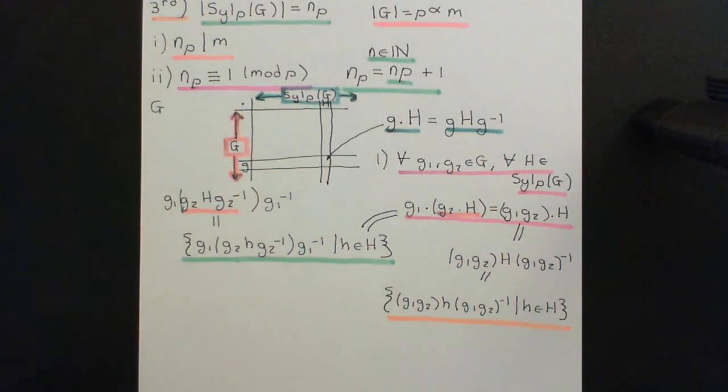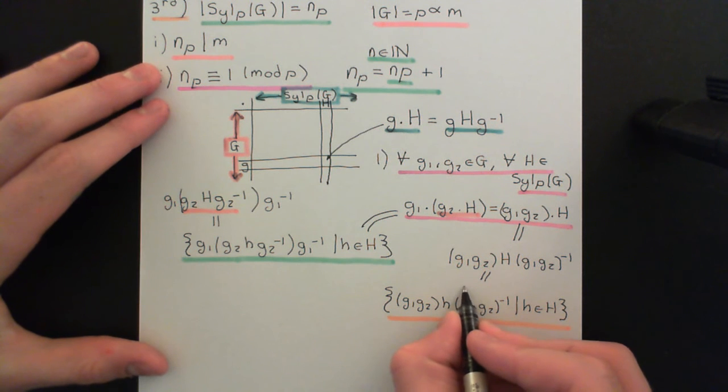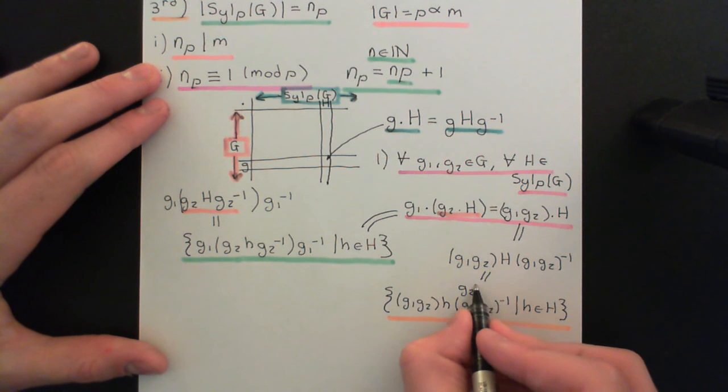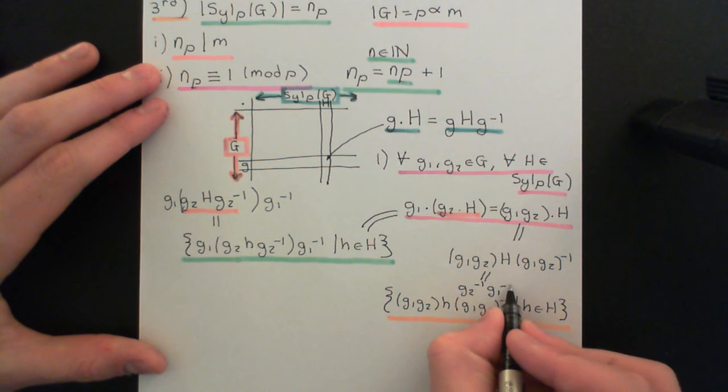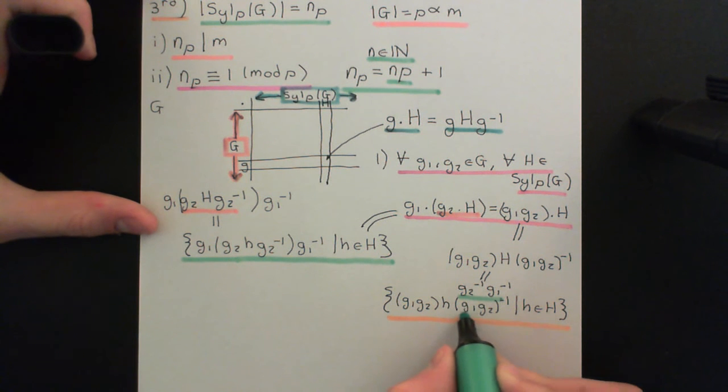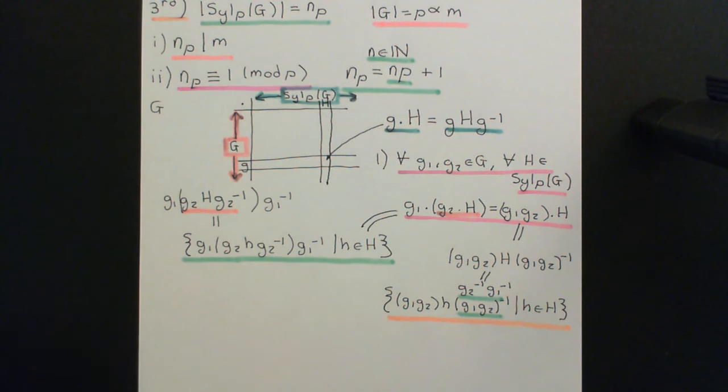G1 composed with G2. Okay, but of course these two sets are identical to each other because all we need to do is replace the G1 composed with G2's inverse with G2 inverse composed with G1 inverse. Okay, so we just need to rewrite this like so, and then of course we know that all of these compositions are done in the group, so it really doesn't matter where the brackets are, that's associativity.